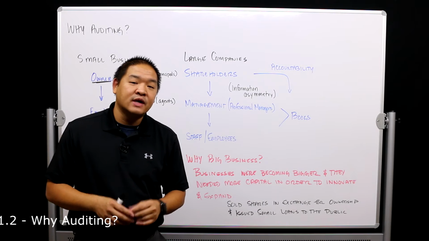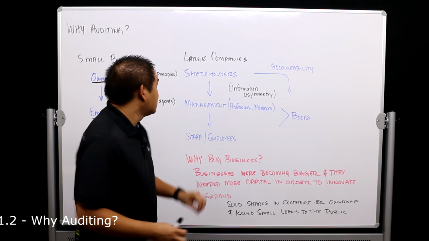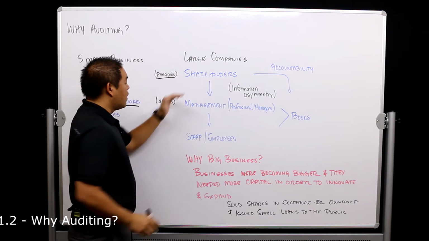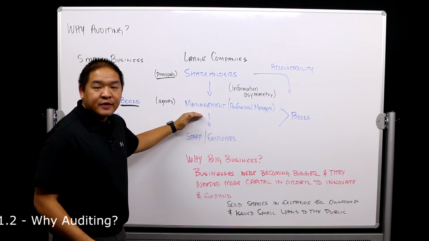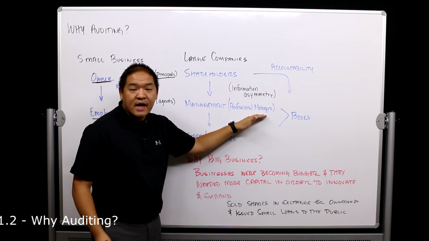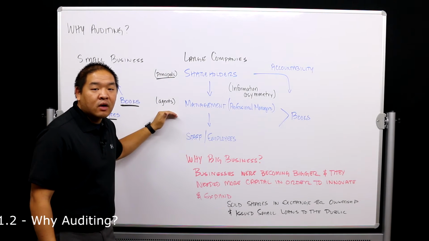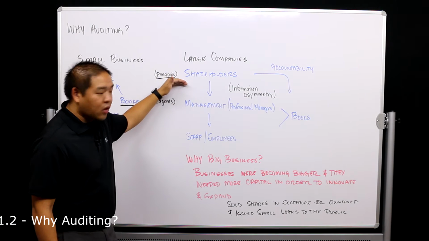And so what happened was, as we grew these big companies, shareholders, or what we would call principals, would hire management. In this case, professional managers, also called agents. So they're agents for the shareholders.